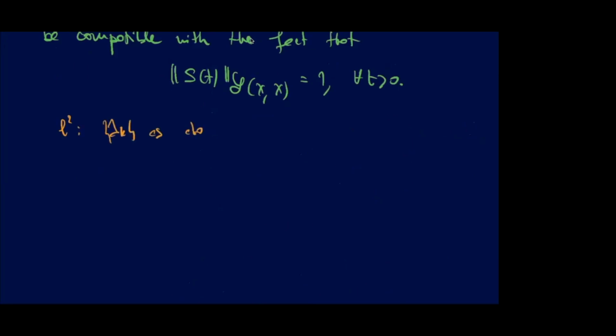Then given any initial condition x0, I am writing down this x0 as a linear combination of the eigenvectors on the canonical basis that I was discussing yesterday, where in little L2, the kth element of the canonical basis is 0, 0, 0, 1 in the kth component, and then 0, 0, 0 again forever, right?